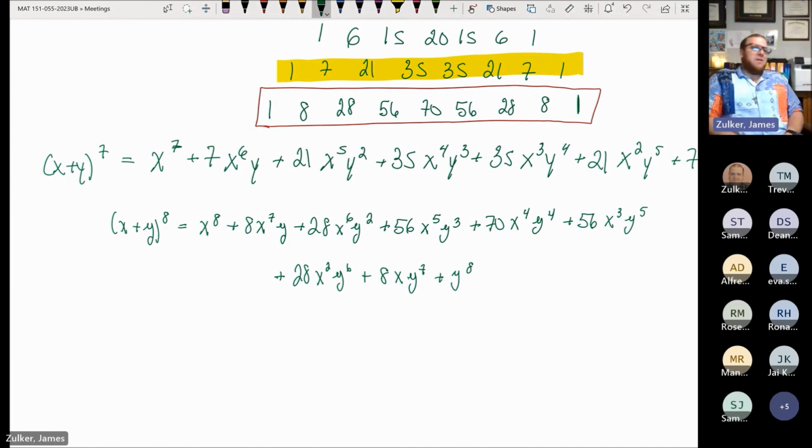So that would be x plus y to the 8th power expanded out. I'm not really ever going to go up that high.